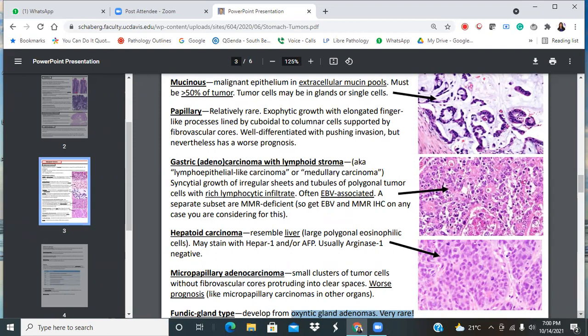And if you find a granuloma in your terminal ileum, you don't right away call it Crohn's. Why? Because the terminal ileum is the number one place for intestinal TB. Although you want granulomas in your terminal ileum to call it Crohn's disease, if you have a granuloma in your terminal ileum, you do an AFB.